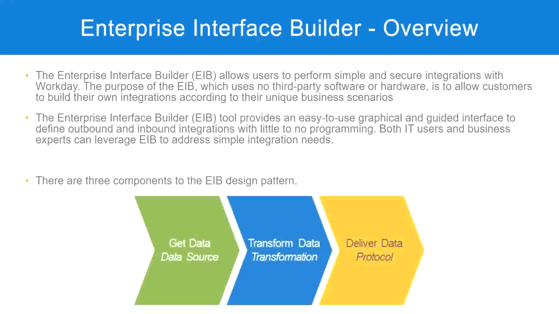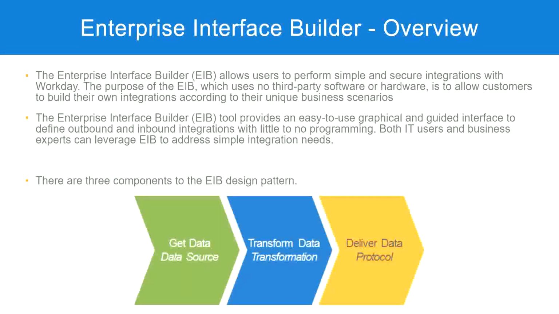The second step would be to modify the data, or translate the data, or transform the data into a format expected by the recipient. Isn't it? You have to convert it to a format expected by the recipient. That is transform data. The third step will be to send the data to the recipient, or to deliver the data.